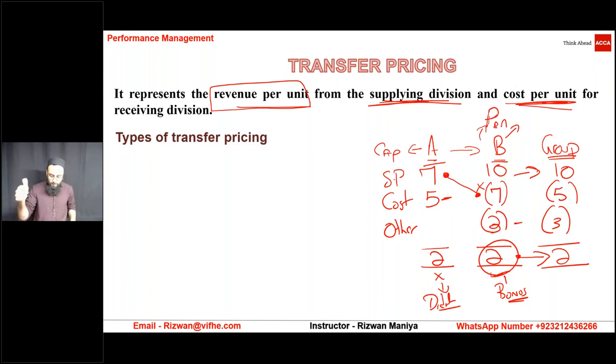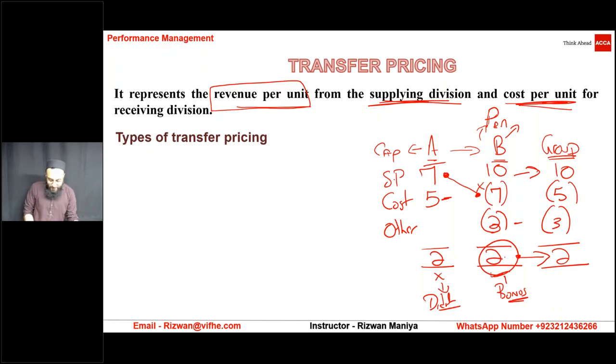You are with me, everybody? Say yes or no. I'm just setting up the basis for my question. Clear? Agreed? Okay. Now what will happen if A is selling the cap of the pen for 7 and B is receiving it for 7?